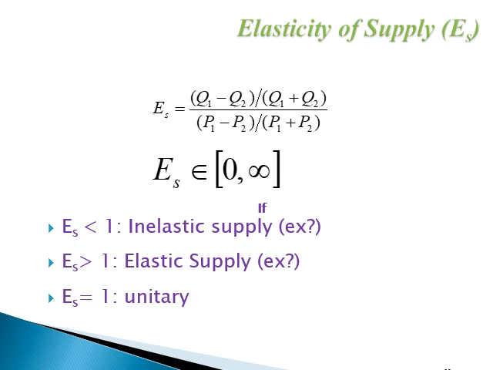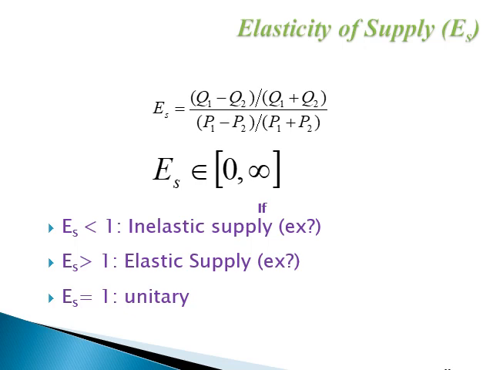Okay? So when we talk about elasticity of supply, what will happen to the quantity supplied when the price of the commodity goes up by 1%? If it goes up by less than 1%, we say we have inelastic supply. If the quantity supplied goes up by more than 1%, we say that it is elastic supply.